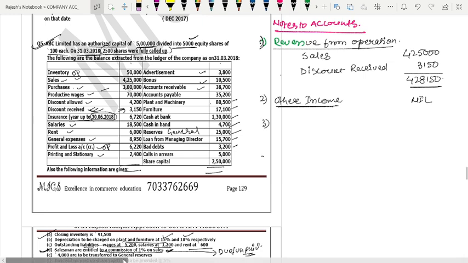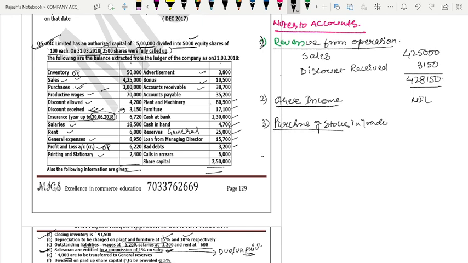Third, there is no need to find out the raw material consumed in this question also, because they are not given the raw material. They were given only purchase. This means we have to write down only purchase of stock in trade. Write down the purchase 3 lakh.